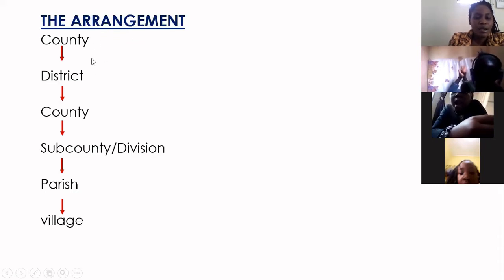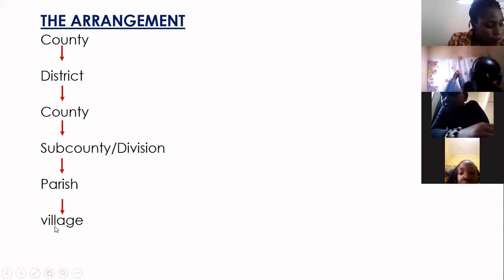Yes, pupils, I'm going to repeat for you this arrangement we have. I've said we begin with the villages. After villages, we go to parish. After the parish, if we join them, we are going to form a sub-county.